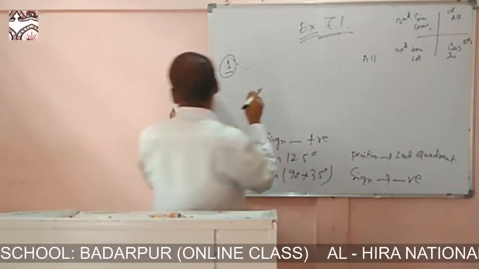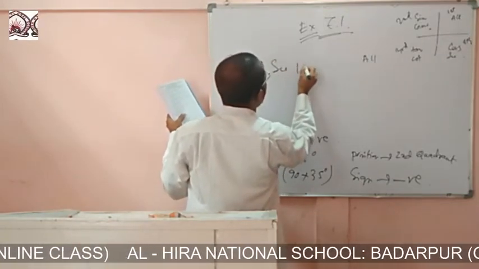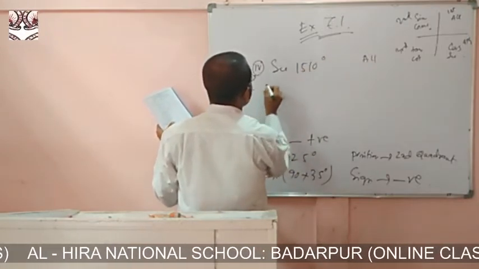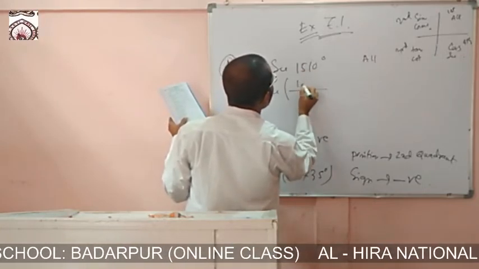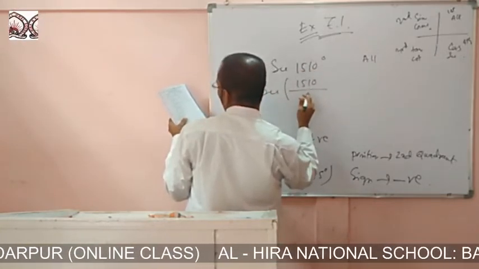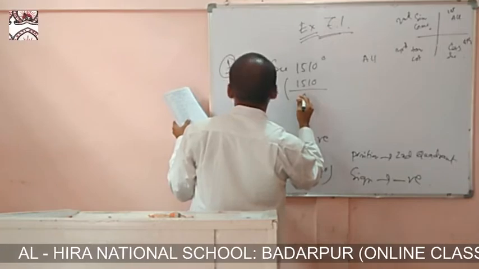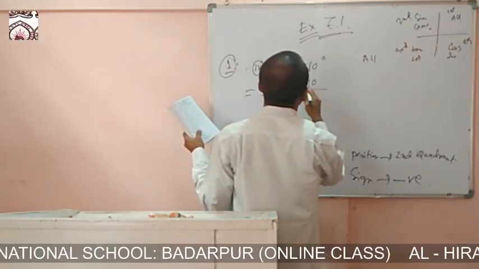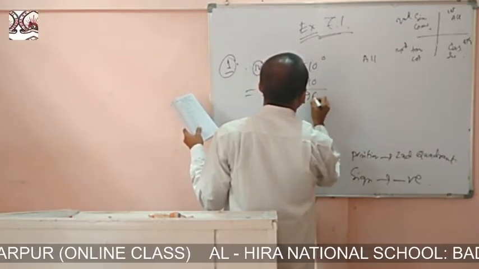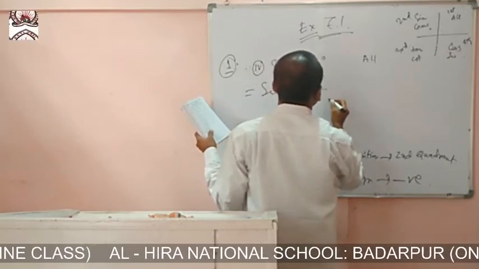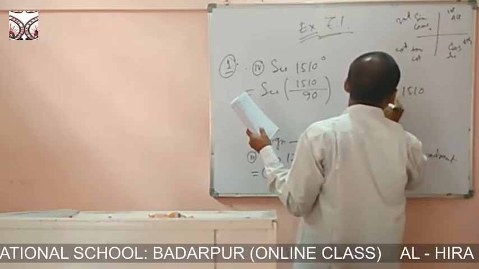Number 4 is sec 1510. So for sec 1510, if we divide this by 90, then it will be 1510 by 90.